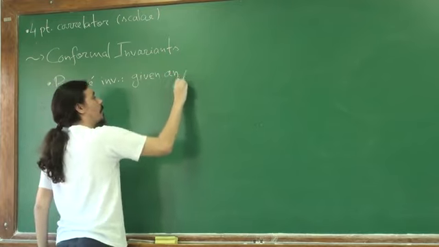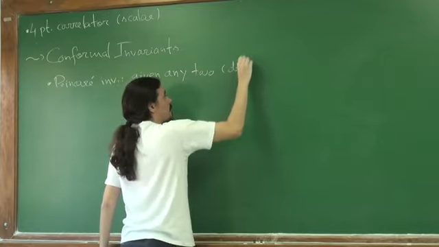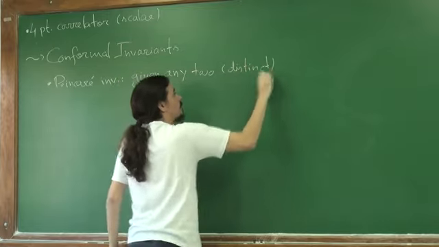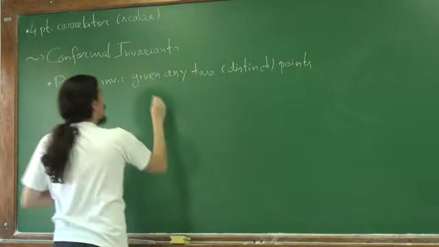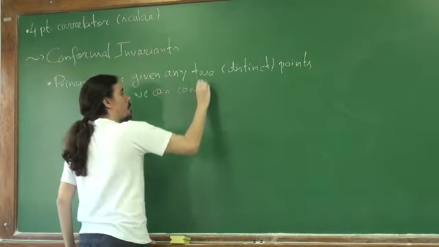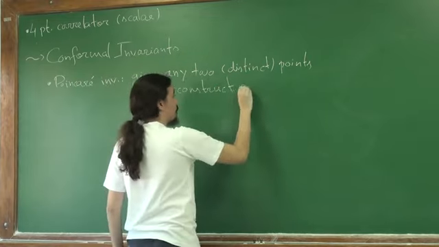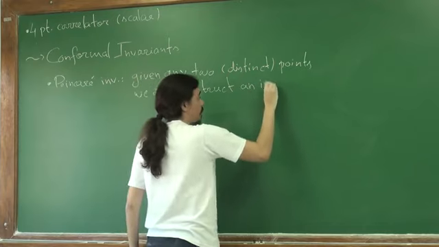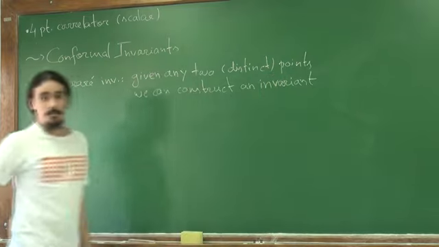Given any 2, of course distinct, points, we can construct an invariant. Okay.